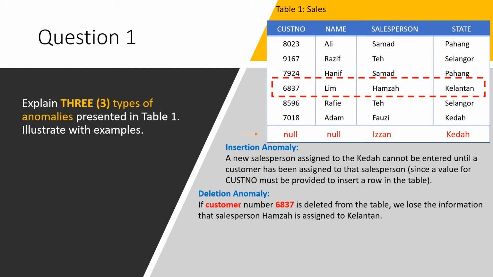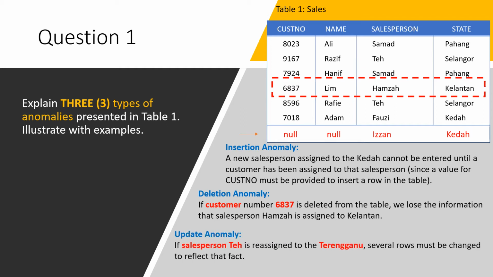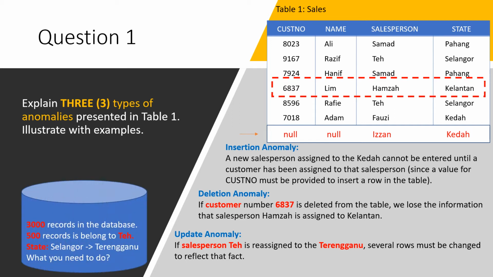And lastly, the third is about update anomaly. If we want to update the record for the salesperson T, who has been reshuffled to a new state from Selangor to Terengganu. Can you imagine if you have 3,000 records in the database and the record for T is 500?